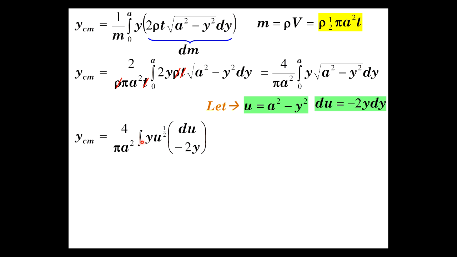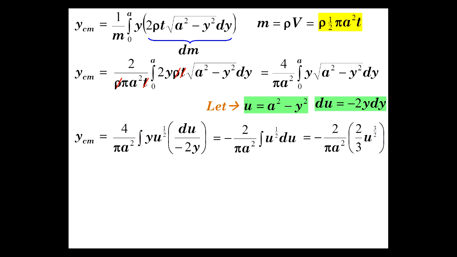So nicely, the y's go away, and the minus 2 is canceling out with a 4. That leaves us with minus 2 over pi a squared integral of u to the 1/2 du. When you integrate that, you get 2/3 u to the 3/2.